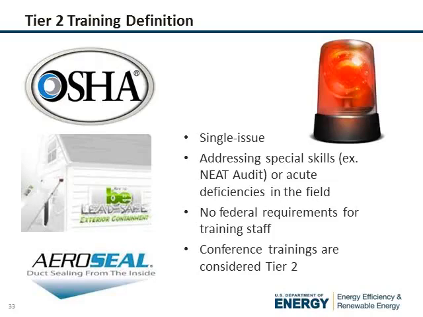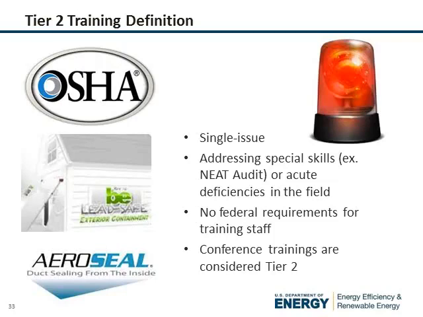Lead safe weatherization, another example, or some special technology. I've got AeroSeal listed down here. If there's some technology that your program wants to use or does use on a regular basis that requires training, perfectly legitimate. That is a good use of training dollars, and that would fall under this Tier 2 definition.